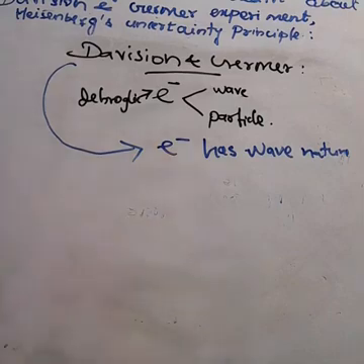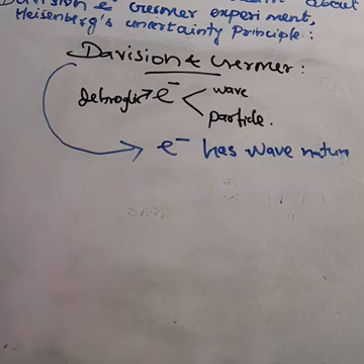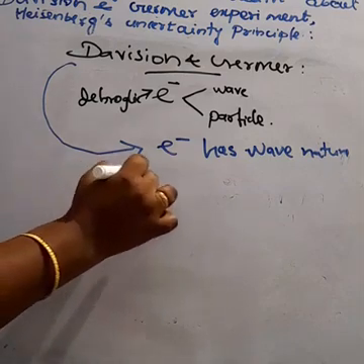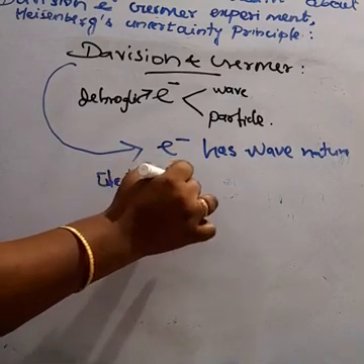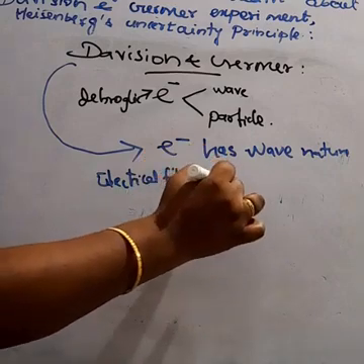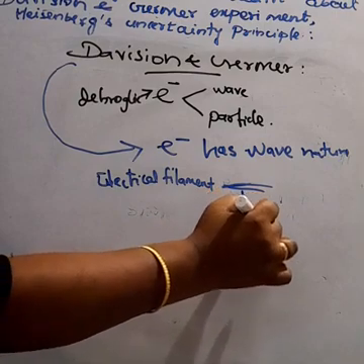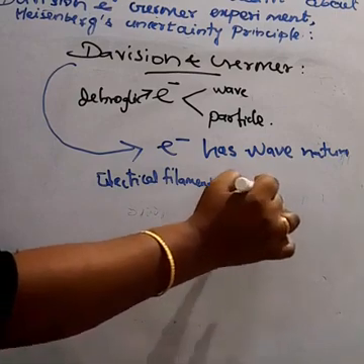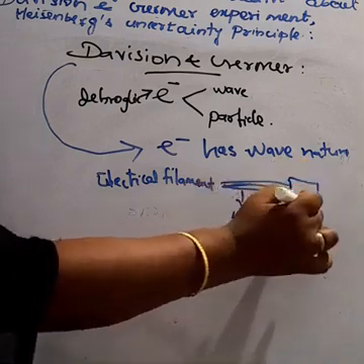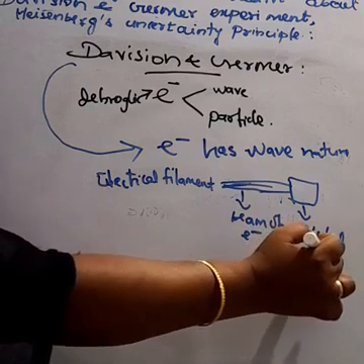They took an electrical filament, a tungsten filament, and allowed the accelerated beam of electrons to fall on the nickel crystal.